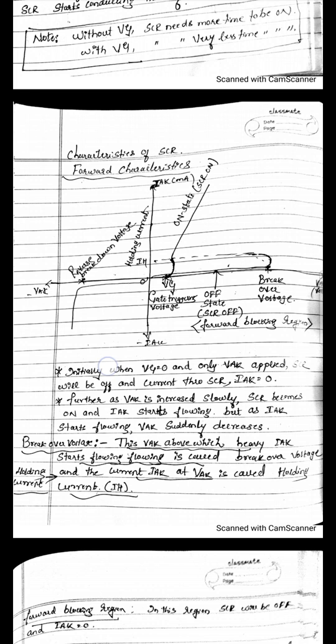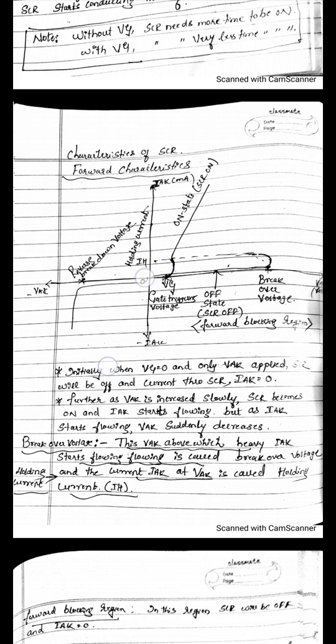Now the first part is what happens without VG, how SCR becomes on, which we have seen by defining these three terms. Now comes the part where we apply a small amount of VG. Here at this point you have applied VG, and at this level VAK applied is also very less.